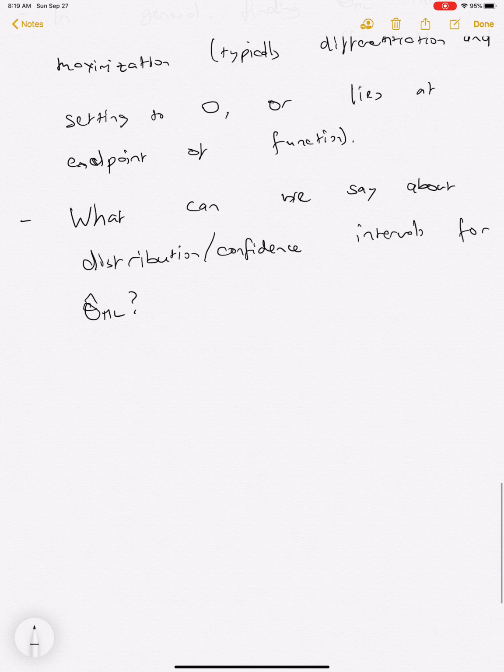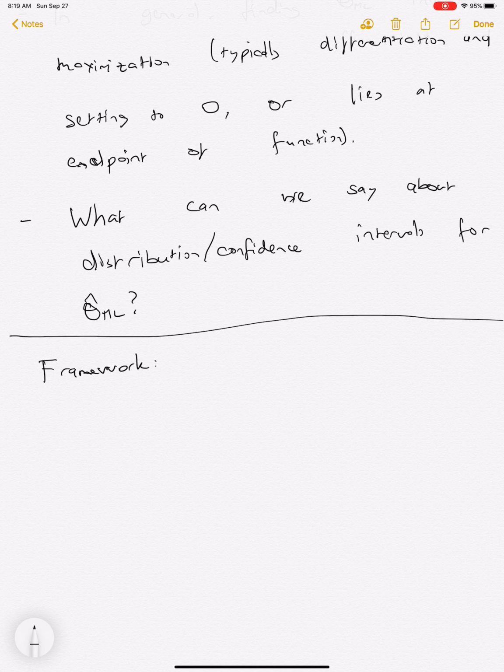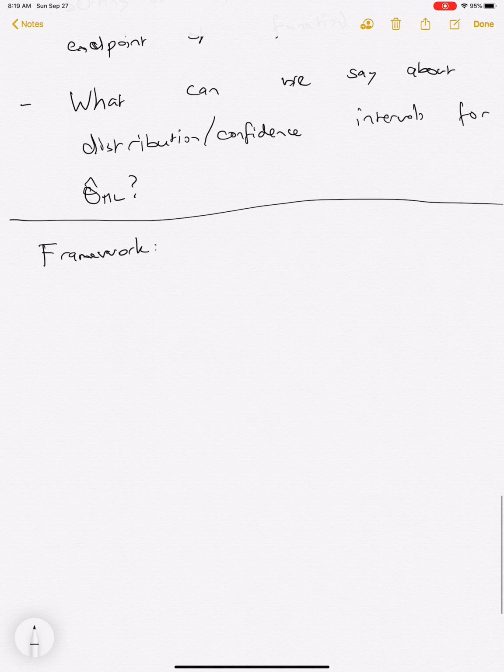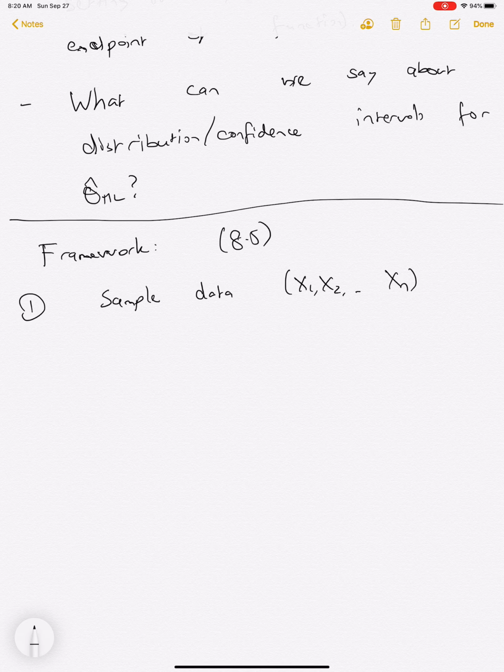So just to go back to the general framework, because we like to keep track of things through this framework. This is in 8.5 we're talking about specifically, which is maximum likelihood estimation. So we have sample data x1 through to xn.